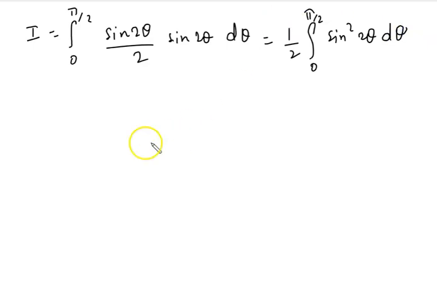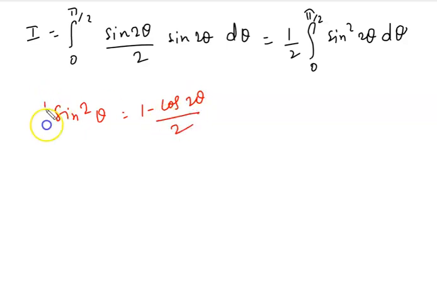And we are going to apply one formula: sine square theta is equal to 1 minus cos 2 theta divided by 2. So now we apply this formula here.